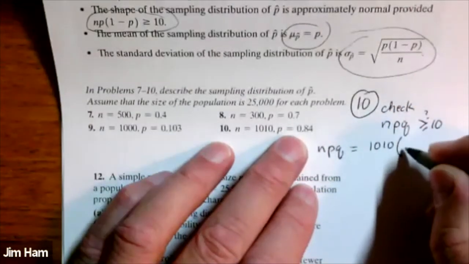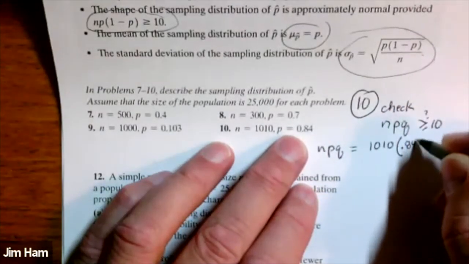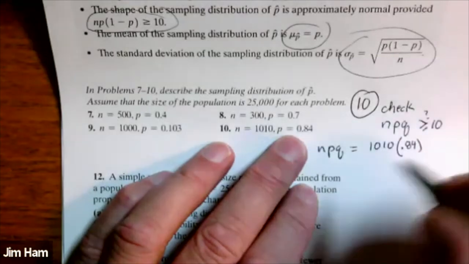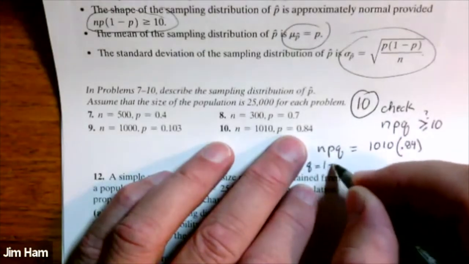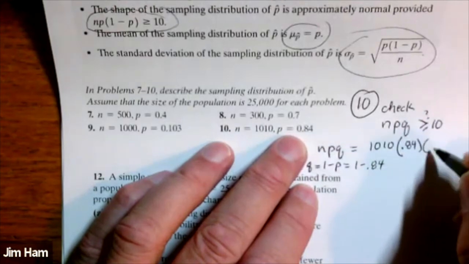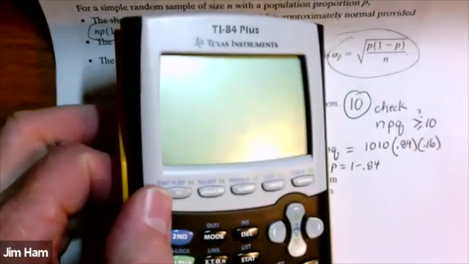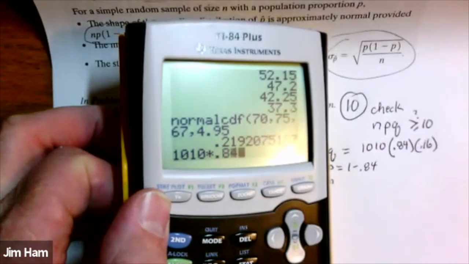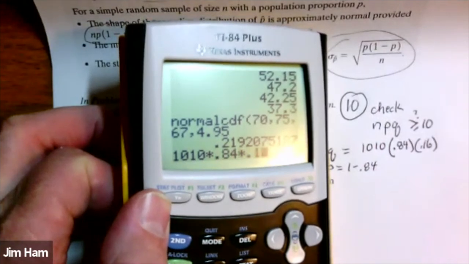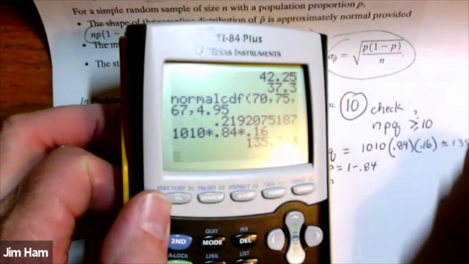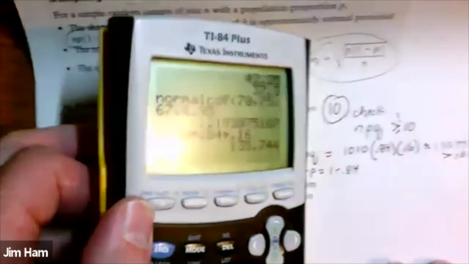The p-value is 0.84. And so the q-value is always 1 minus p, 1 minus 0.84, which is 0.16. And I think this sample size is going to be large enough, but we'll just multiply it out. And notice that this is about 135.744. The important thing is that it's larger than 10.